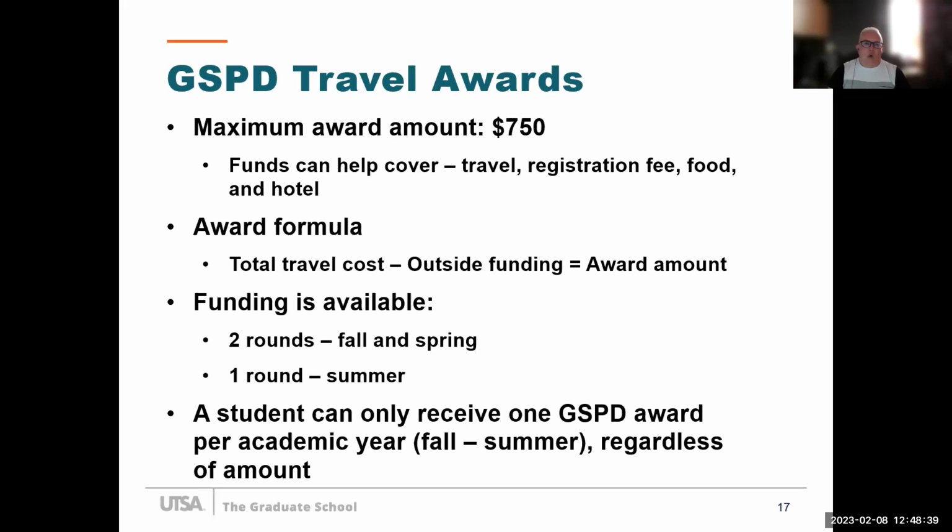So if you apply in the fall and you receive a $500 award, let's say, based on your budget, you might think, well, I still have $250 left, so I'm going to apply again in the spring. Nope. You apply once, you get your award. That's your award for the year.